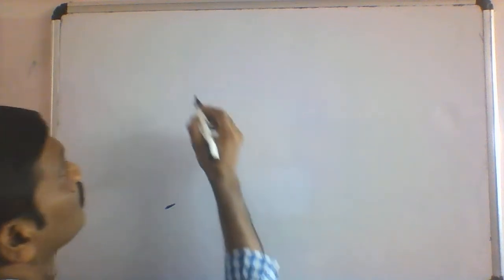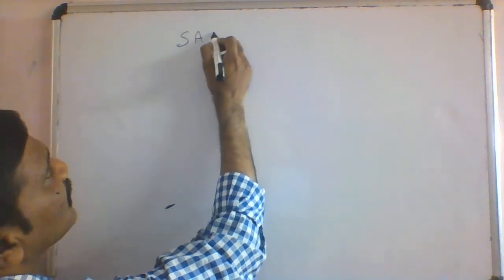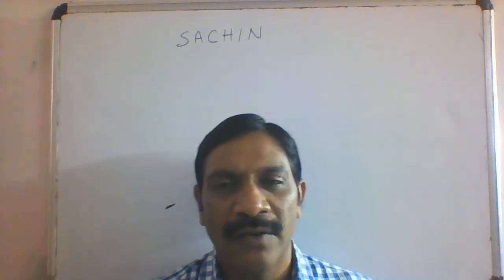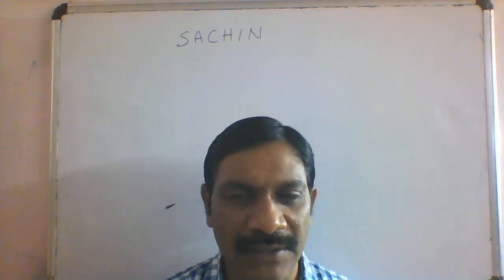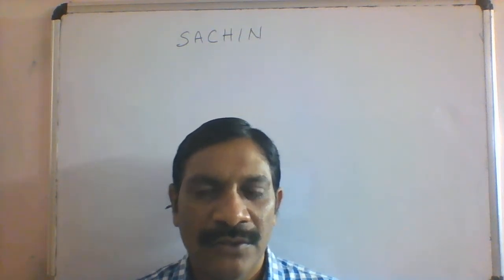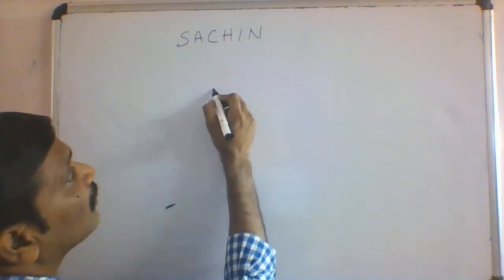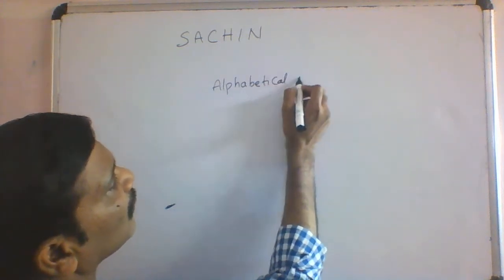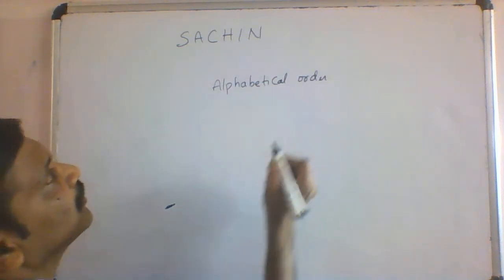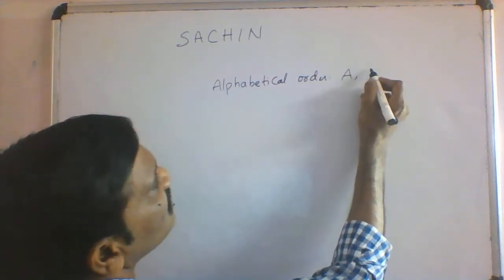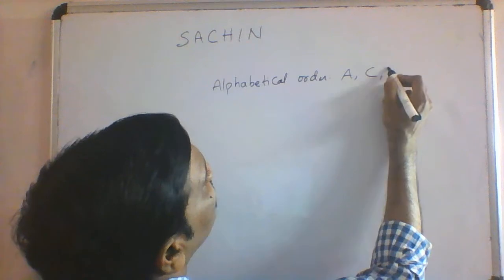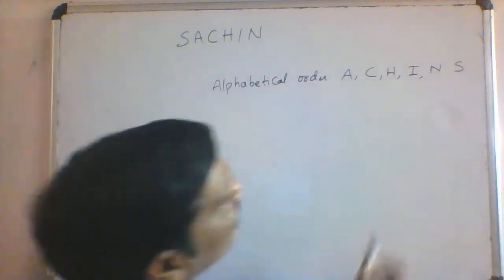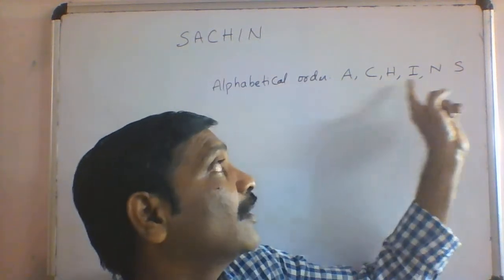For example, SACHIN. I want to find the rank of the word SACHIN. So first, alphabetical order: A comes first, C, H, I, N, and S. So I wrote the alphabetical order first.